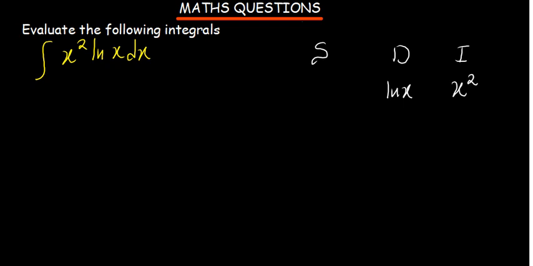So you can't put natural log under the integral. For natural log, always put it under derivative. So if this was maybe x squared e to the power x, we would have put the e to the power x under the integral, but not natural log. You don't do that.